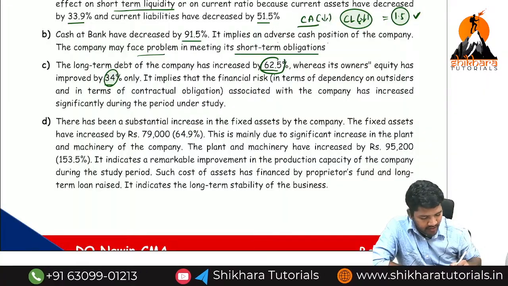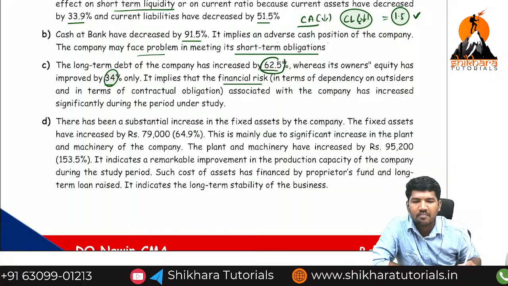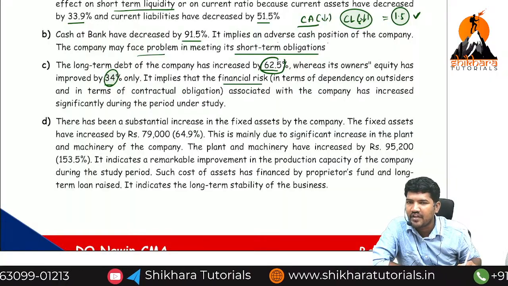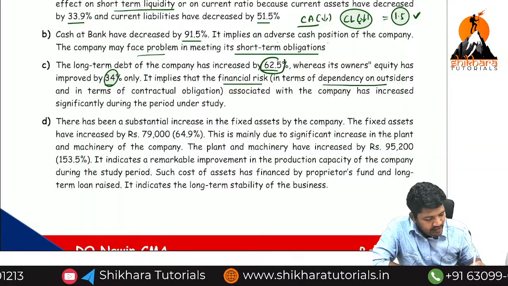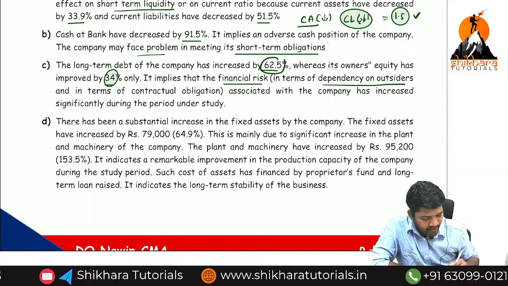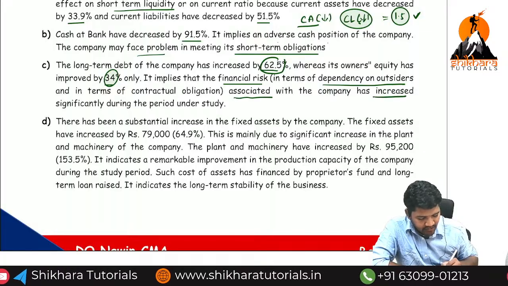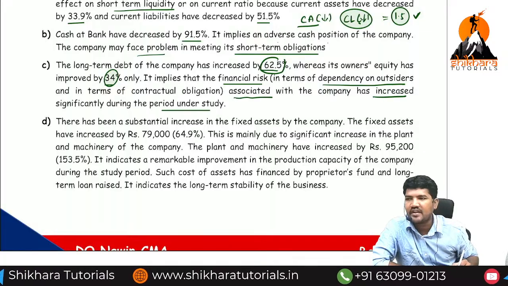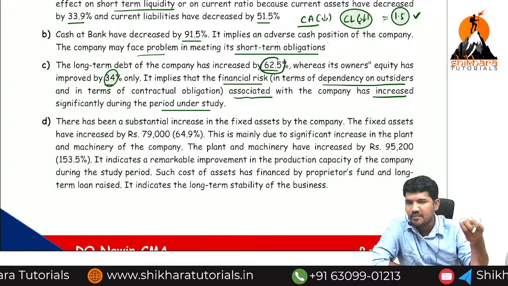It implies financial risk. Do you agree? If debt comes to your company, automatically you are facing a risk called financial risk. The dependency on outsiders and the contractual obligations associated with the company have increased significantly during the period under study. Guys, clear? We discussed that point also.